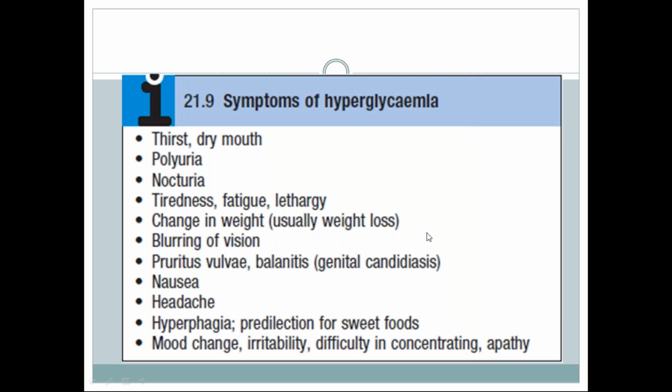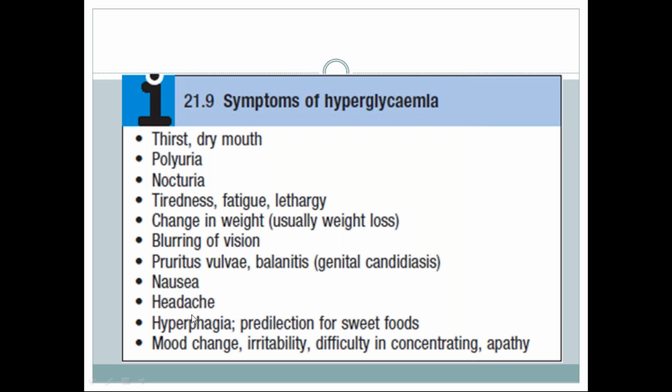Usually there will be weight loss, which occurs most commonly in patients of type 2 diabetes mellitus. And blurring of vision, pruritus vulvae and balanitis are the most common complications due to uncontrolled and prolonged diabetes.